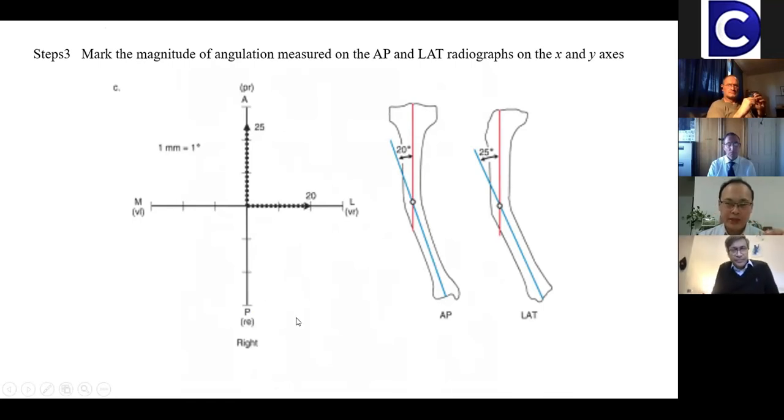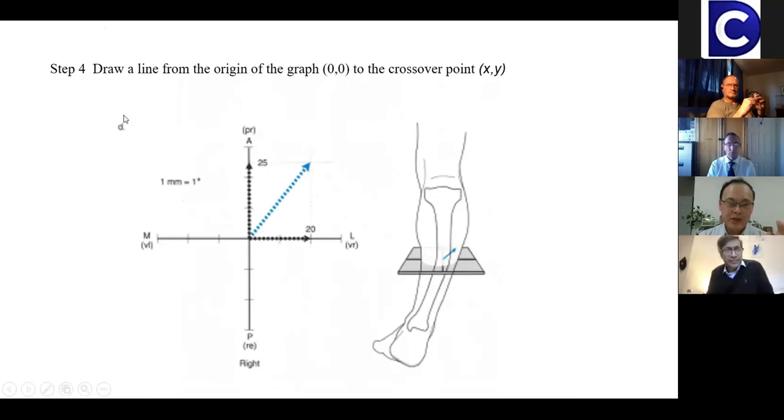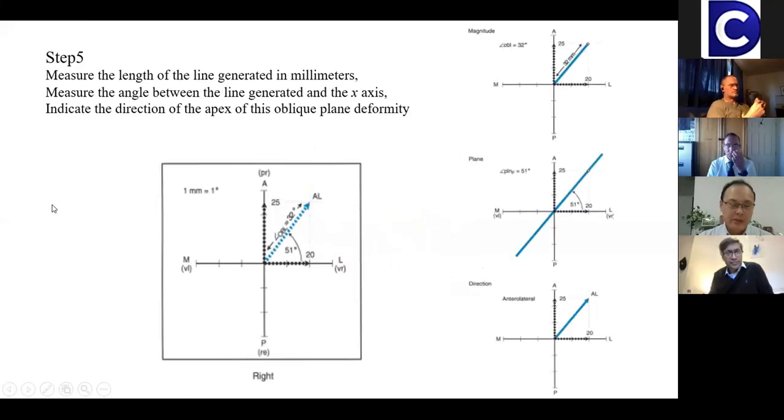This is step 3. And draw a line from the origin to the end point. This is very important for the direction. And step 5, measure the length of the line, and measure the angle between the line and the axis.